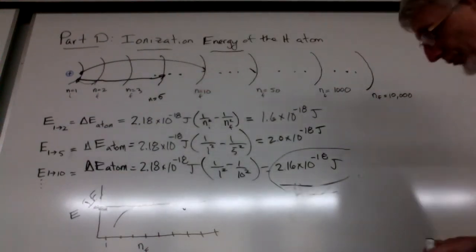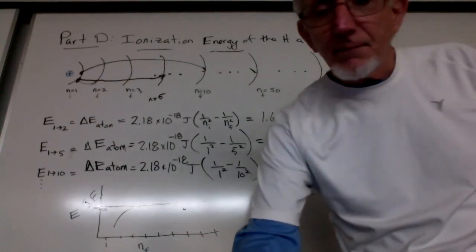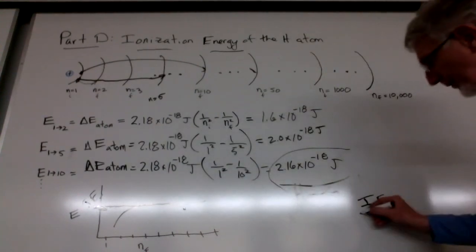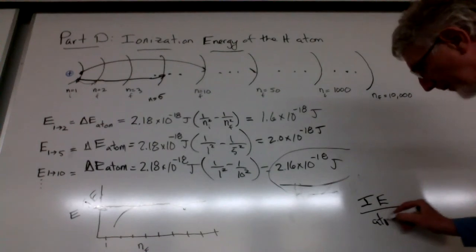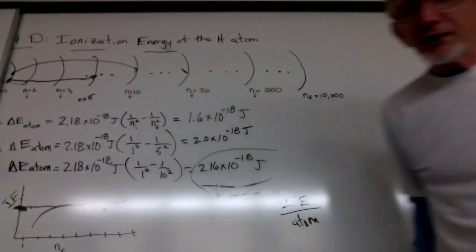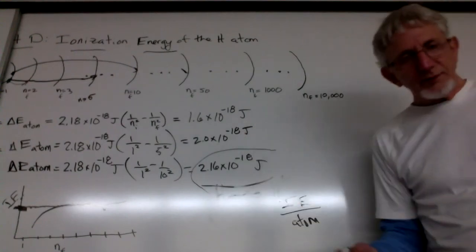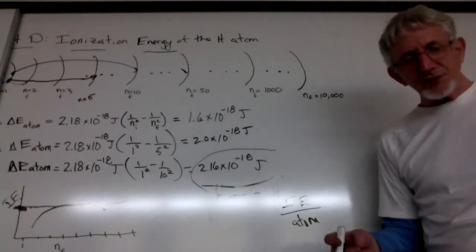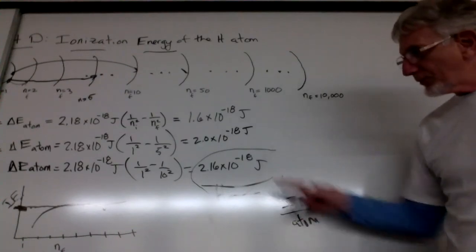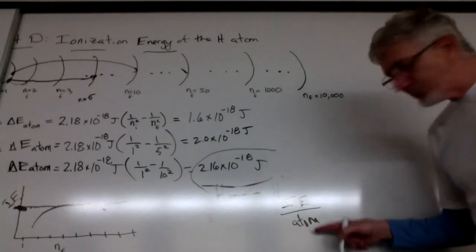And what you're asked to do in the report is to report the ionization energy. This would be the ionization energy per atom when you find it using that kind of graphical relationship. But your report asks for the ionization energy of hydrogen per mole. So you'll have the ionization number, whatever that is, 2.18 times 10 to the negative 18 joules per atom.